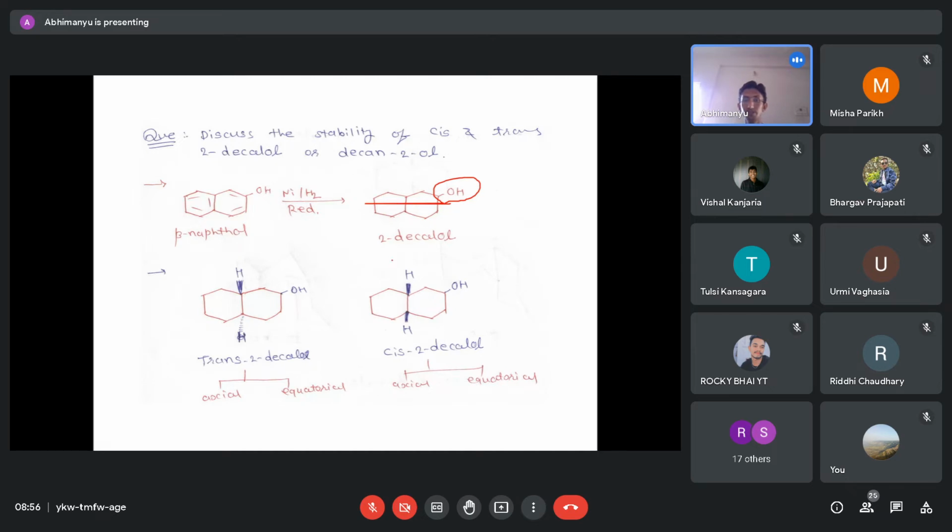First one, the synthesis of the 2-decalol. 2-decalol can be obtained by the metallic reduction of beta-naphthol. It's a very difficult process to reduce the beta-naphthol. It can only be converted in an autoclave.